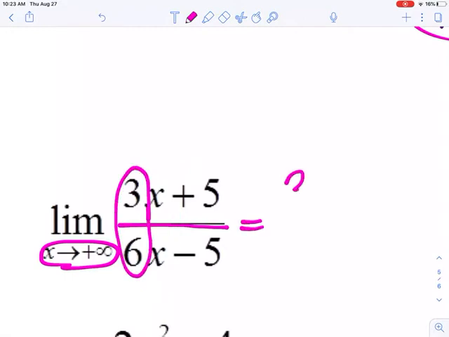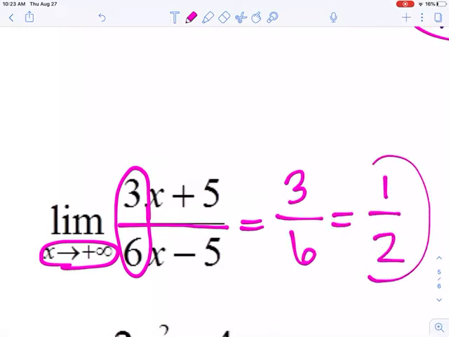So here we go, we're towards infinity, we have a rational graph, we have degrees that are the same. So if you remember, if our degrees are the same, our horizontal asymptote occurs at the coefficient. That saved us a little bit of work, huh?